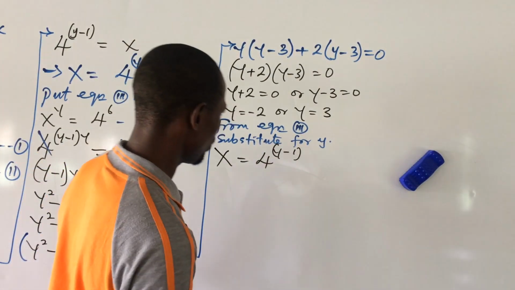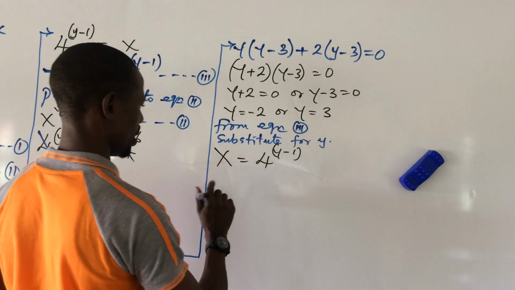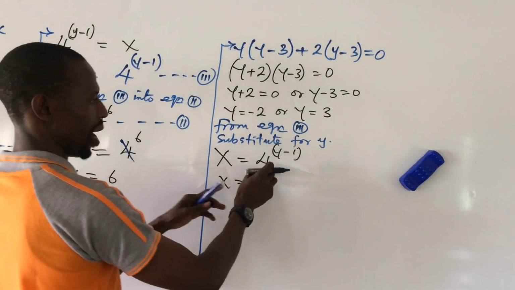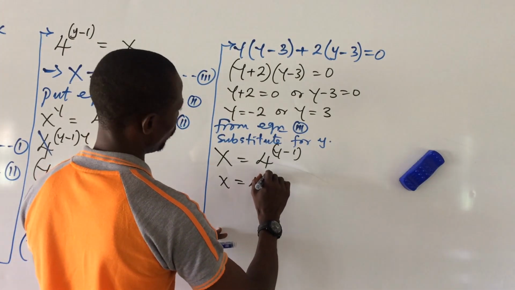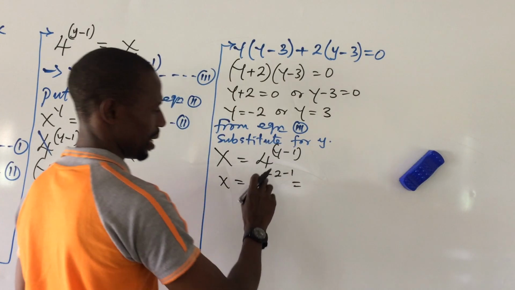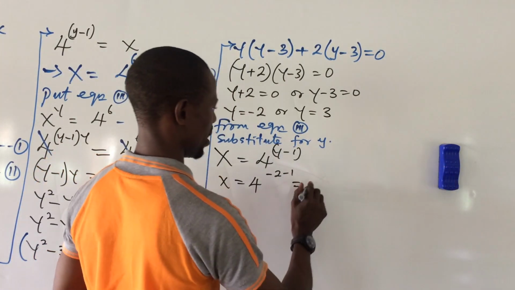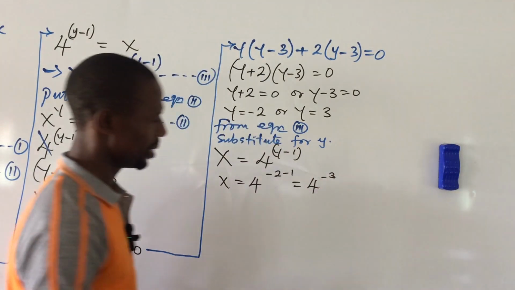So for case 1, where y is equal to minus 2, we now have x equal to 4 to the power of minus 2 minus 1. And minus 2 minus 1 is going to give us 4 to the power of minus 3.